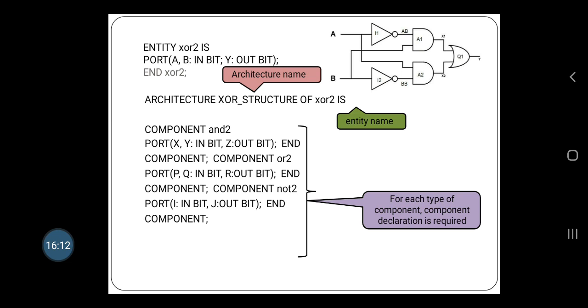Then the next component is declared here, OR2, port P, Q in bit and R out bit. Then the NOT component is also declared here: component NOT2, port I in bit and J out bit. For each type of component, the component declaration is required in structural modeling.